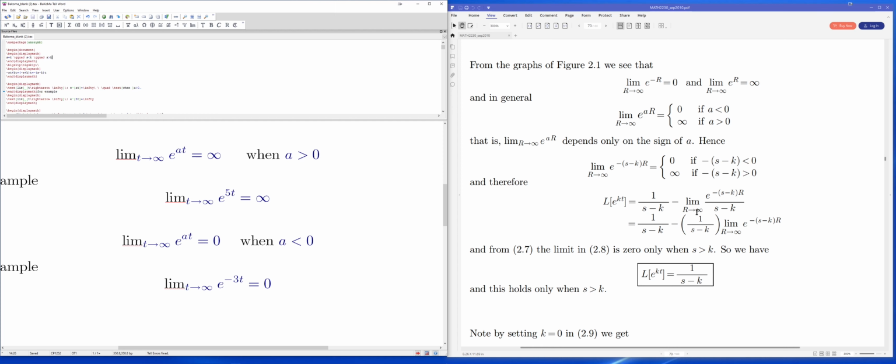The key thing is that the denominator s minus k doesn't involve the r. The only thing that involves the r is this exponential on top. So we're working with this here.